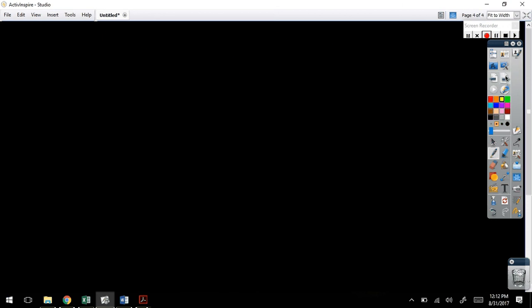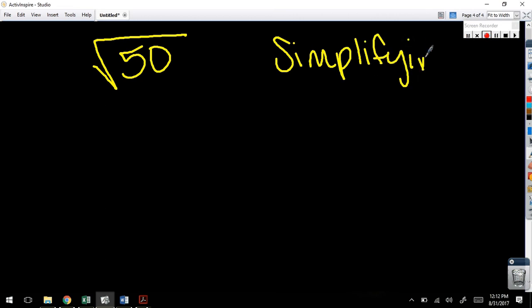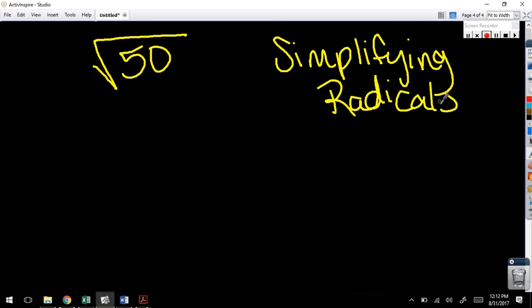So then we talked about, and I think I kind of confused some of you whenever I did this, so I thought we'd spend some time today talking about simplifying radicals. So like the square root of 5 and the square root of 10. Right, but you're right, you could break it up that way.